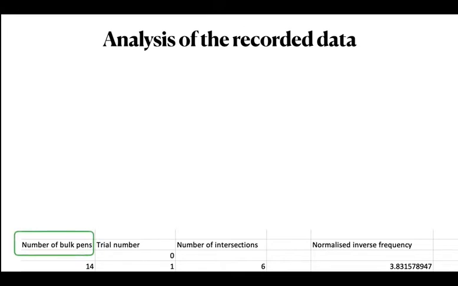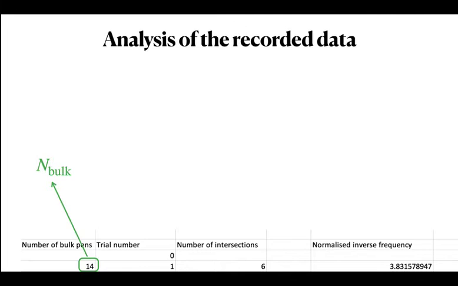Here on the left hand side, this is the number of bulk pens, the ones that are not touching the edges when I've dropped the pens on the floor. In particular, this number 14 is going to be fed into the total number of pens that were in the bulk and crossing or not crossing some lines on the floor.